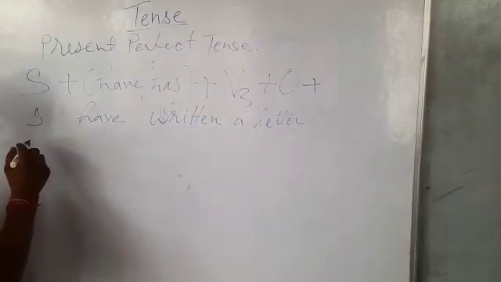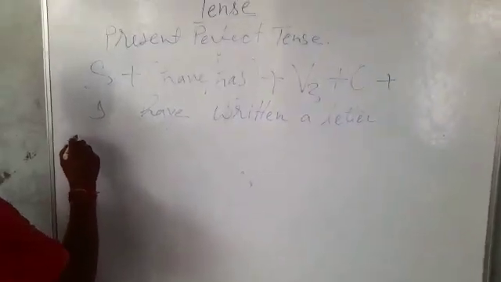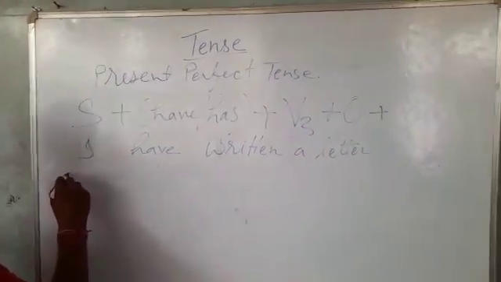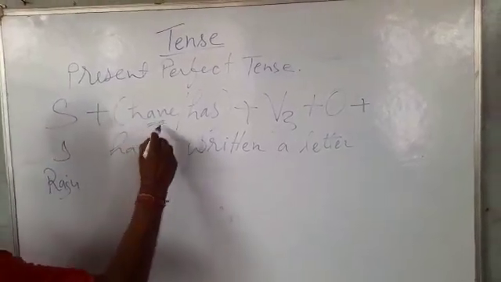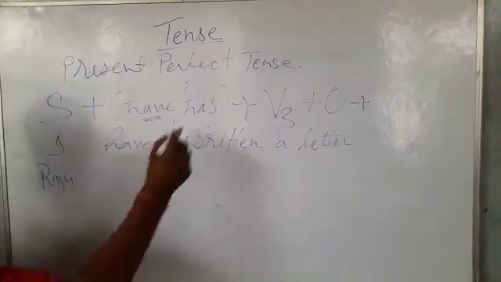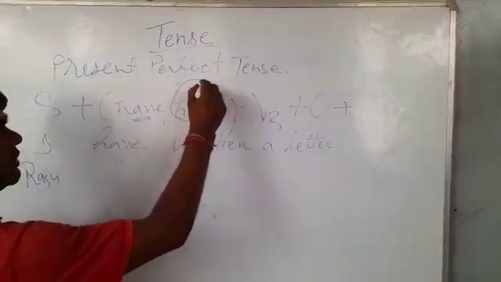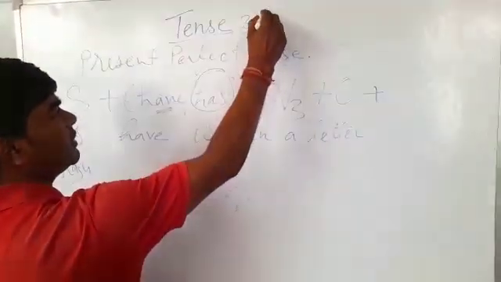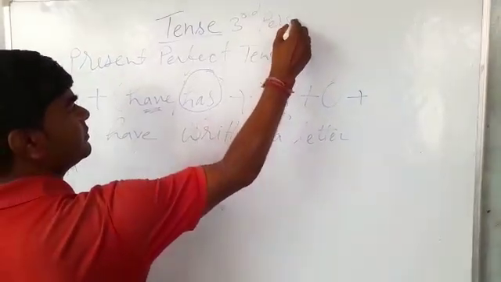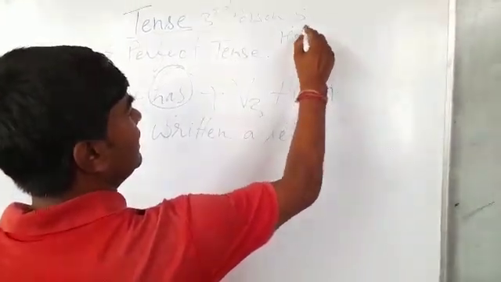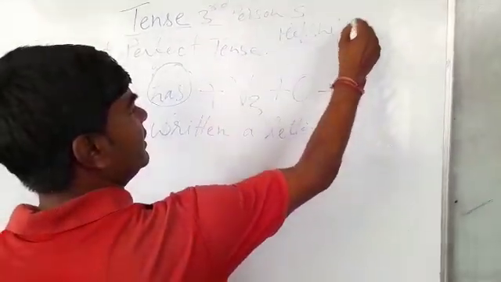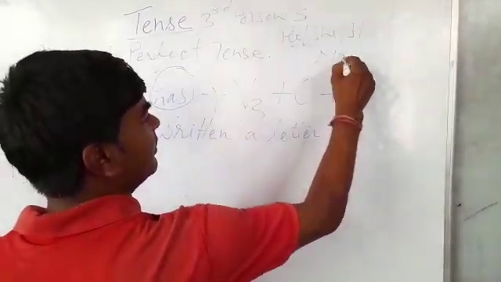Okay. Now you see another example. If the subject is Raju, then we will not use have. Always remember, has is used with third person singular, and that is he, she, it, or maybe any name.